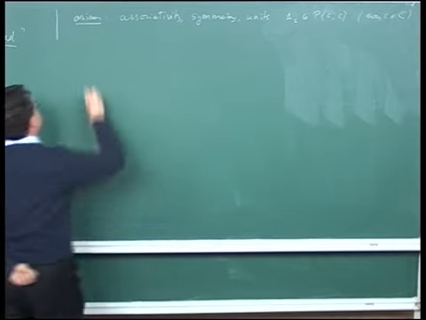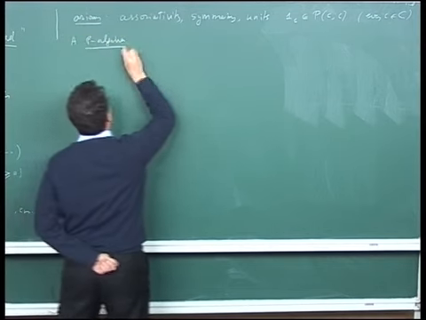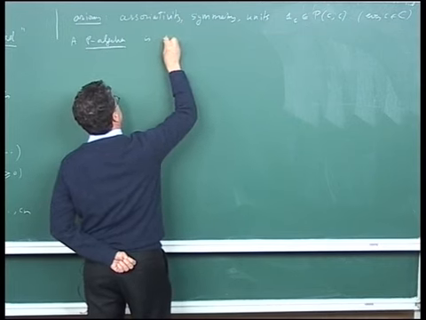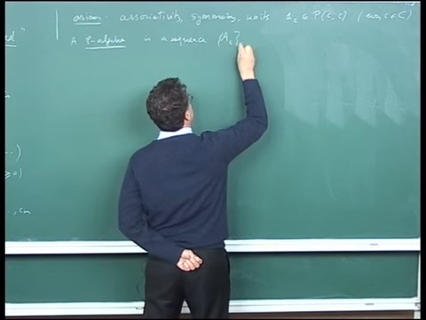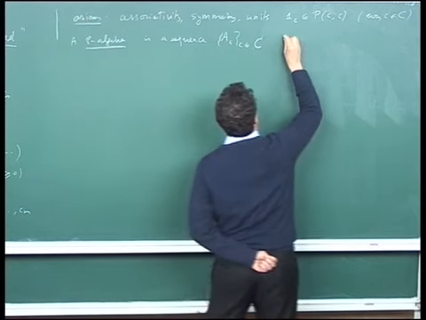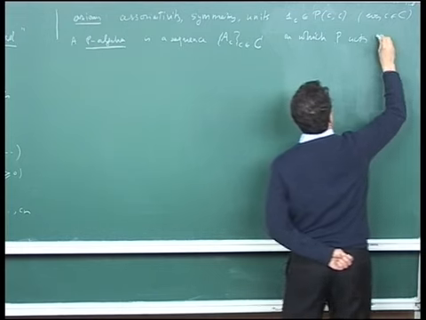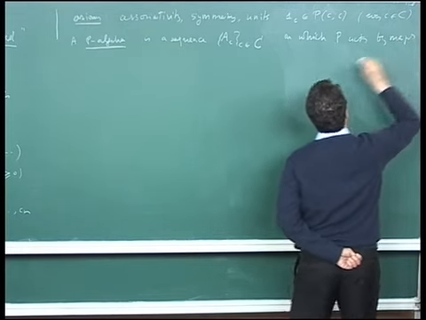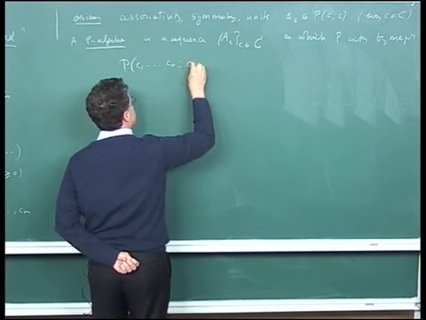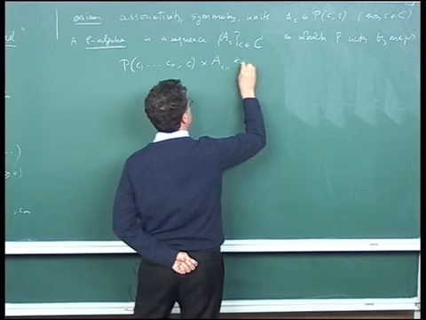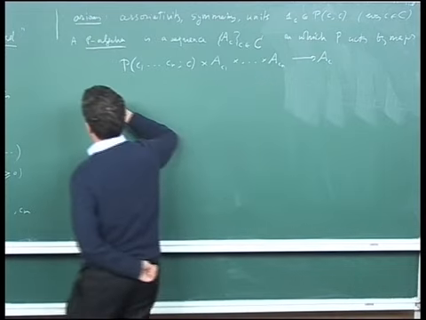And a P-algebra is a sequence A(C), for C a color, on which P acts by maps P(C1, ..., Cn; C) ⊗ A(C1) ⊗ ... ⊗ A(Cn) to A(C), satisfying the usual conditions.